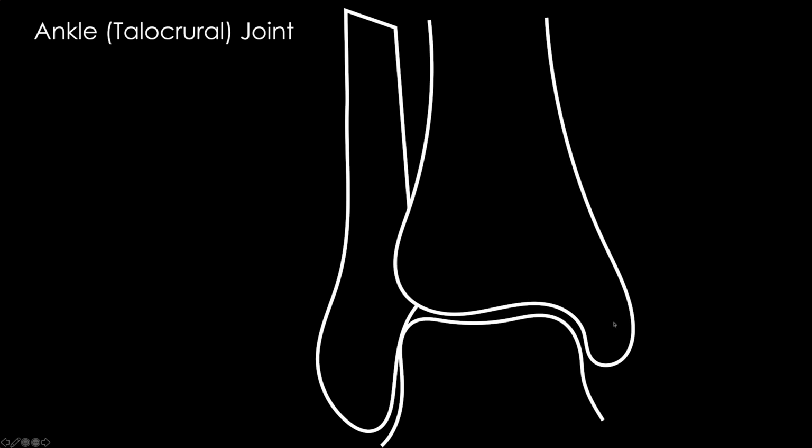And these processes which are projecting downwards are the malleoli of my tibia and the fibula. This pattern is given the name of mortise. You can see this cube fits in very nicely, and that makes it a very stable joint.